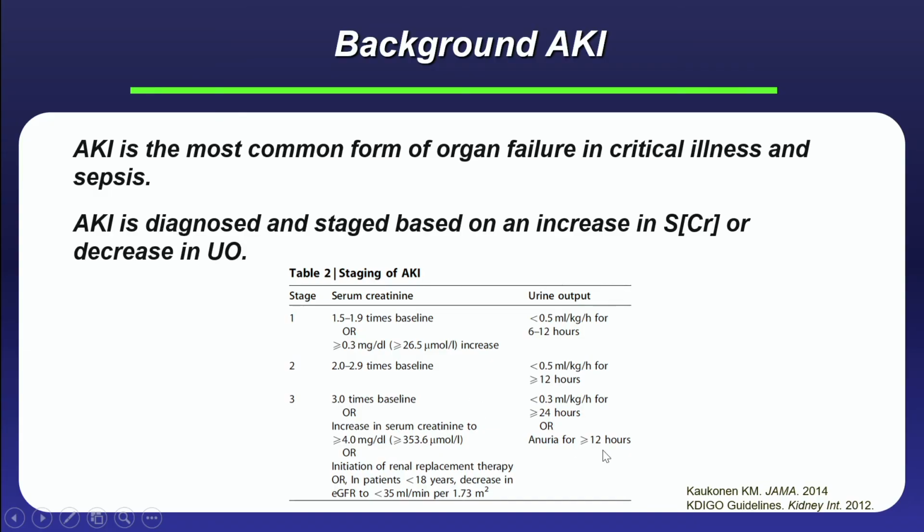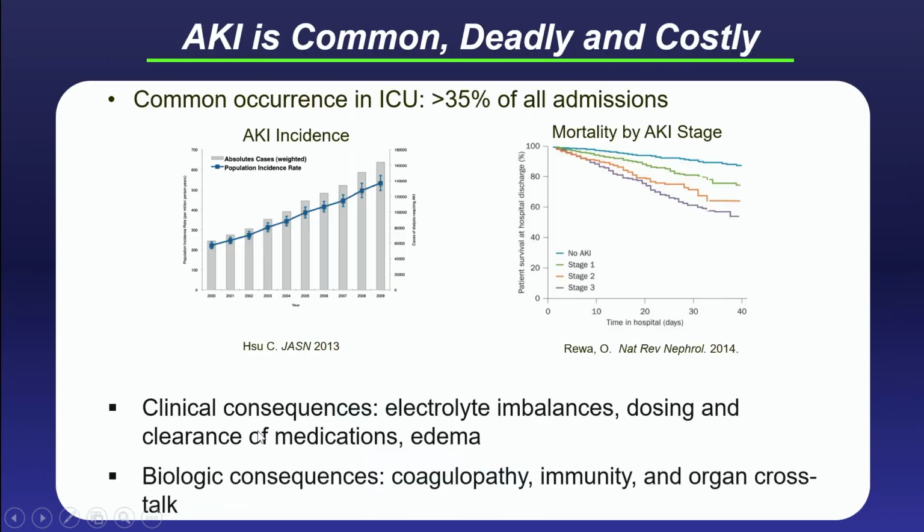These are the consensus guidelines, and you can see that each subsequent stage of AKI is based on how high the creatinine rises. One thing to highlight is that a patient just needs a 0.3 milligram per deciliter increase in creatinine to have AKI. So it's a very sensitive definition, but it may not be that specific.